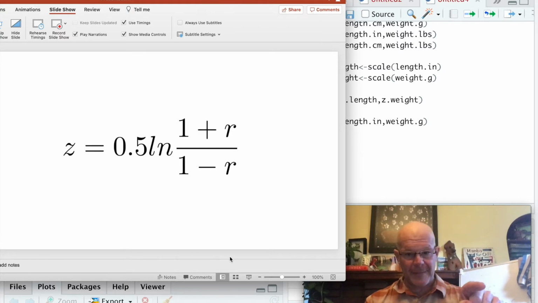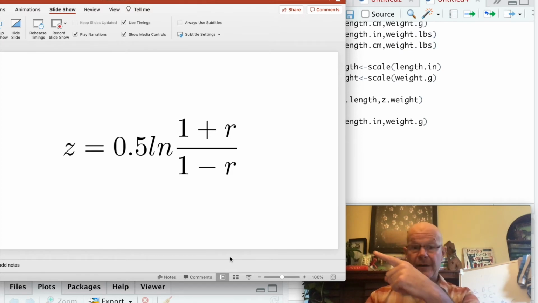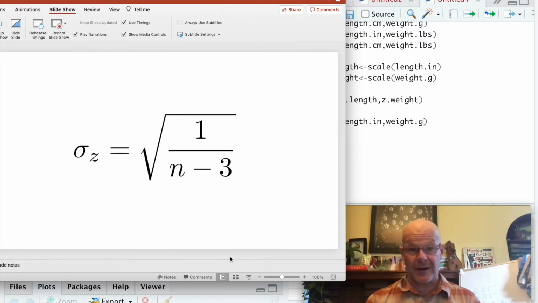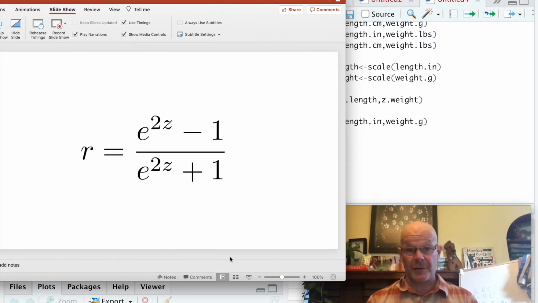If you look at that math, that math right there that I'm pointing at ever so intently, see that math? Once I've converted something into z, I should be able to convert it back into r, which I can do by doing that.